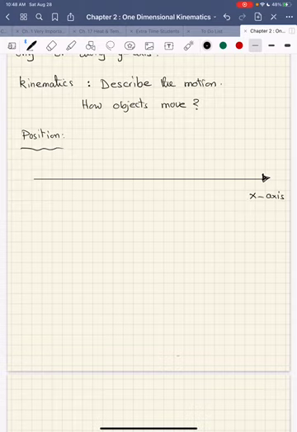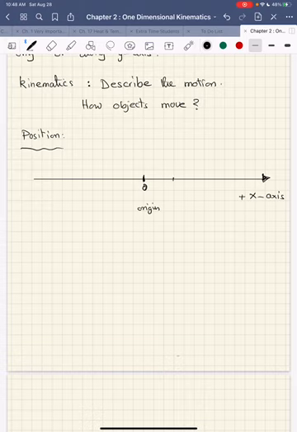I need to show where my positive is, and usually we take it to the right. This is my origin. Usually my origin doesn't mean zero, but it is where I have started my motion. I should mark that point because it is very important.